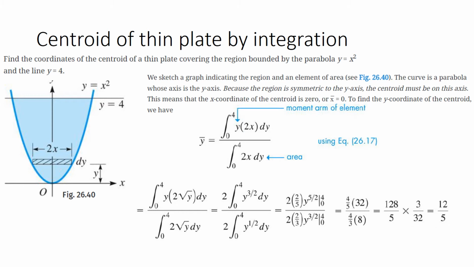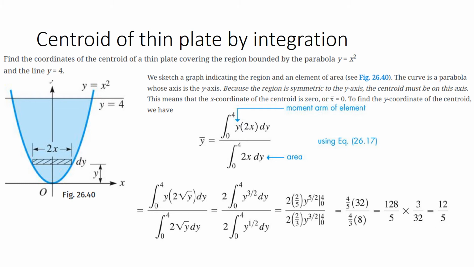And once again, the width of the rectangle is 2x, and the height of the rectangle is that infinitely thin dy. So altogether, if I could add up all of those slices, all of those moments, and all divided by all of those areas, I could get the centroid. I could find out what the center of mass is for this weird shape.